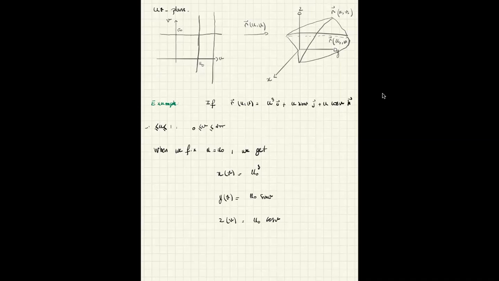So this is a circle of radius u0, right?